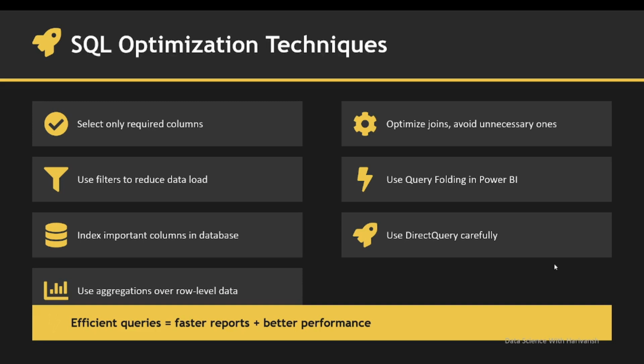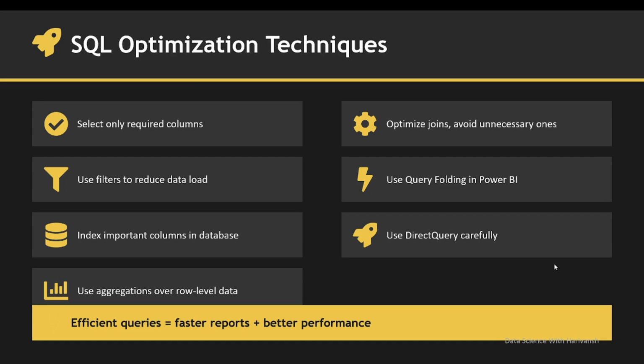Power BI offers two main data connectivity modes: import and direct query. In import mode, data is loaded into Power BI's in-memory storage engine, which makes visuals extremely fast to render. In direct query mode, every visual interaction, every click, every filter change, every slicer selection sends a live SQL query directly to the source database.